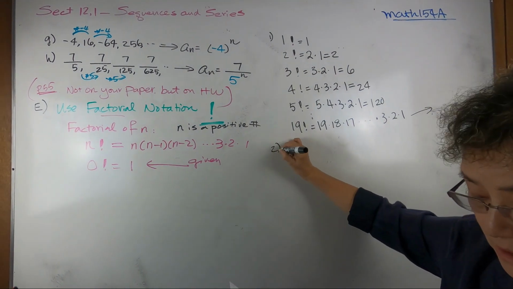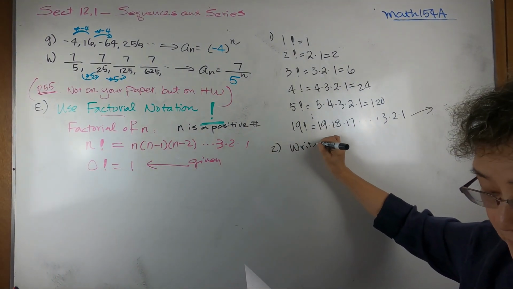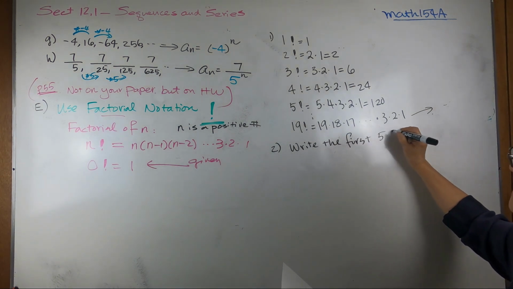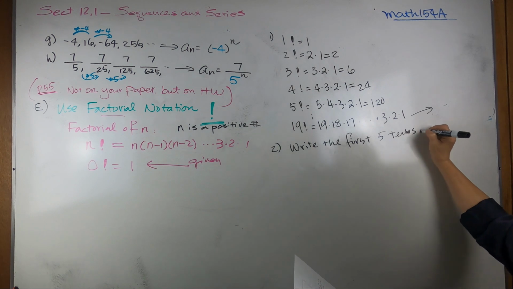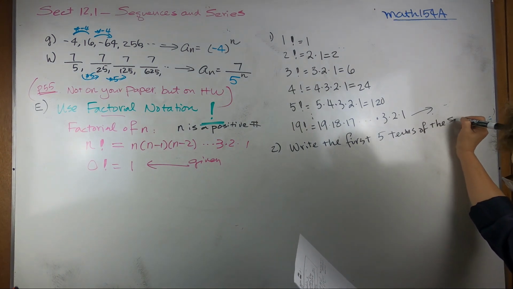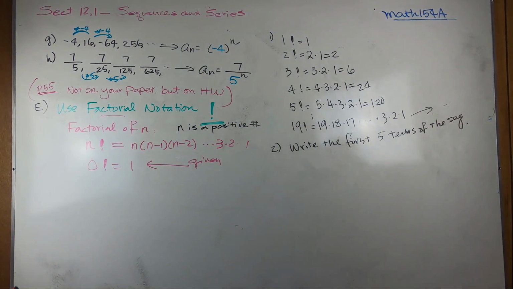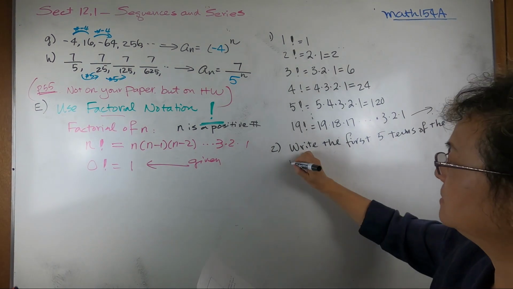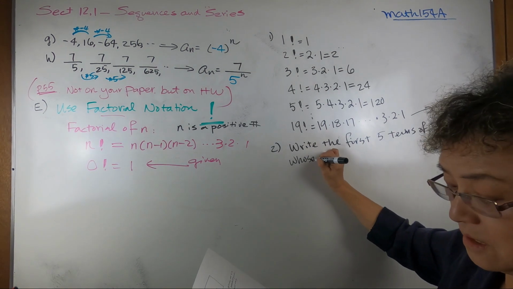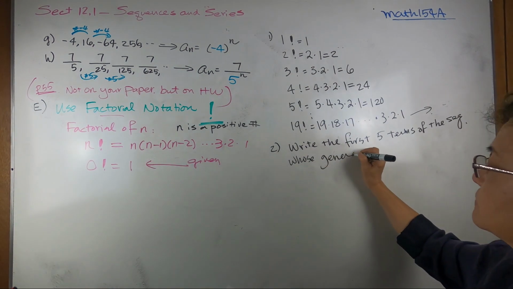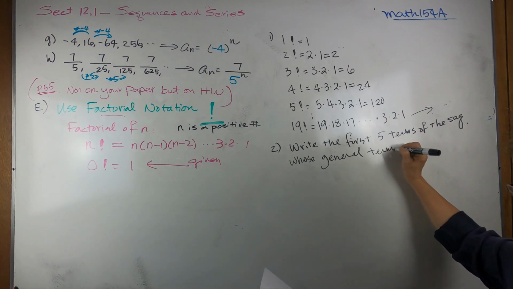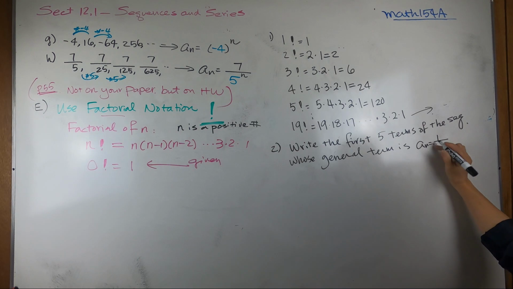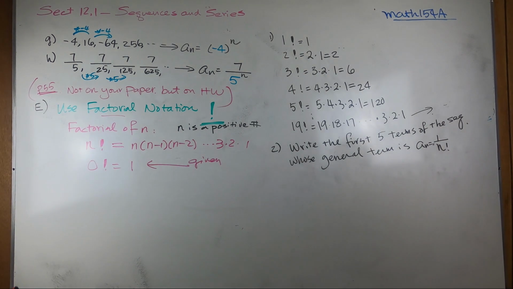Then we say write the first 5 terms of the sequence whose general term is a_n equals 1 over n factorial.